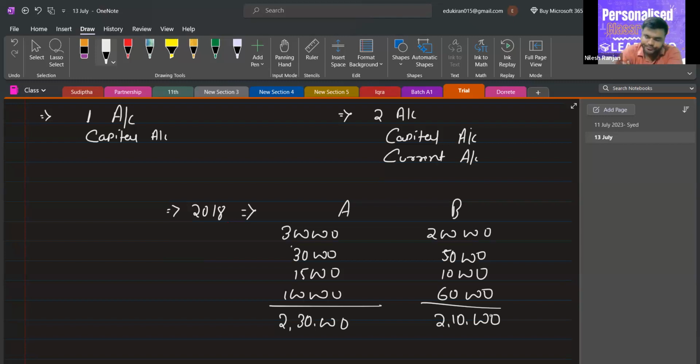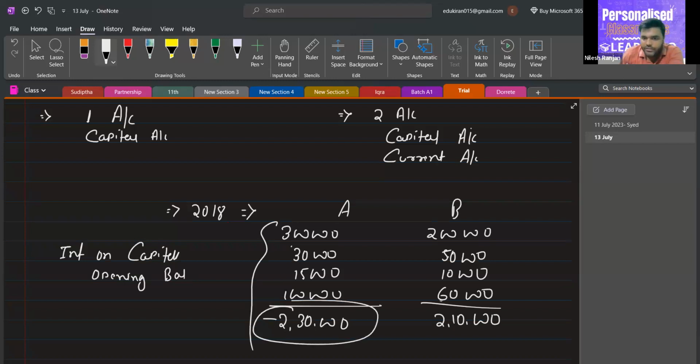Okay, sir. Now there is another thing, like interest on capital. Generally, we calculate interest on capital on the opening balance. Now in fluctuating capital method, the opening balance will change every year.